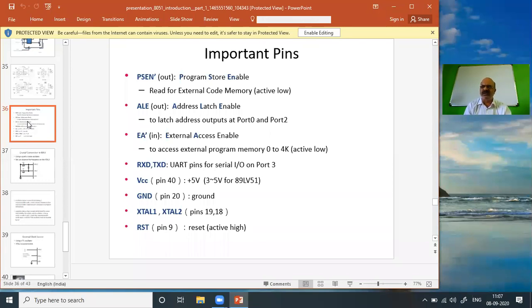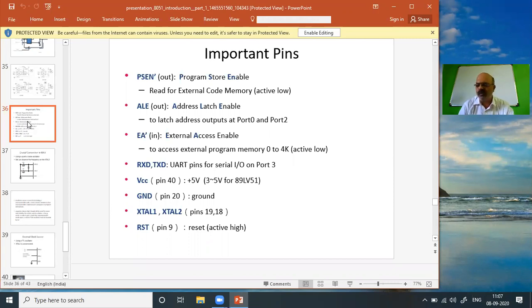Microcontroller understands. So what microcontroller will do? It will send a PSEN signal, program store enable signal. This signal is an activation signal or initialization signal for the external code memory, that is ROM memory. Code memory is also called as ROM memory, and data memory is called as RAM memory.